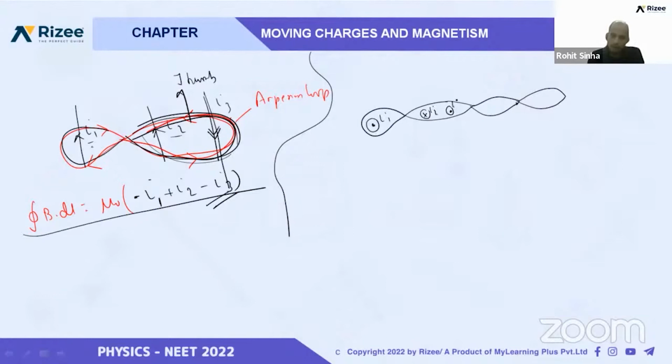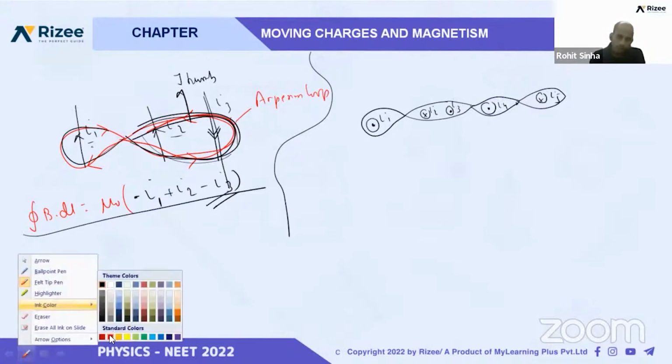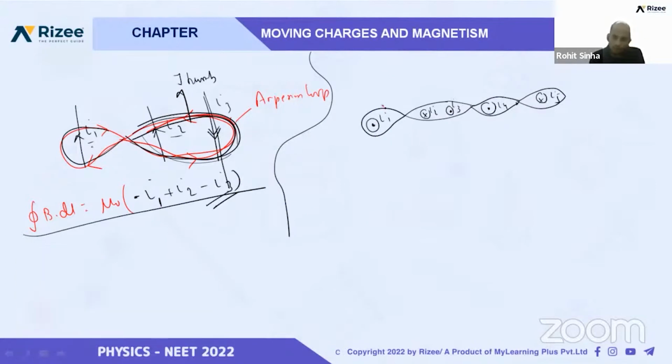Any problem? This is the Amperian loop we came to know here.